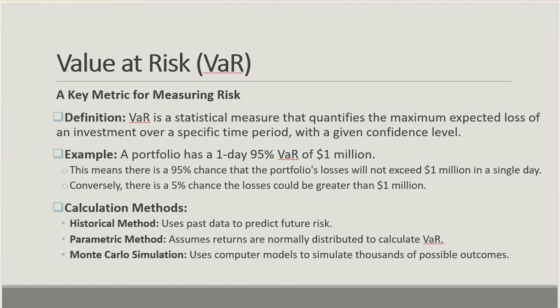And then the Monte Carlo simulation method, which is the most used method, and we calculate it in Excel. It uses a computer model to simulate thousands of possible outcomes, providing the mean and standard deviation of the portfolio, and uses the RAND function to generate random values, and then calculates the value at risk of that portfolio. It may be calculated for one asset, two asset or three asset portfolios. So those are the different techniques we use to calculate value at risk.